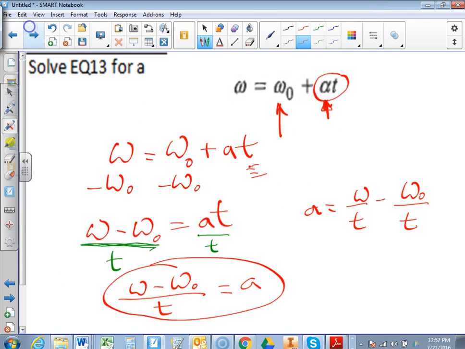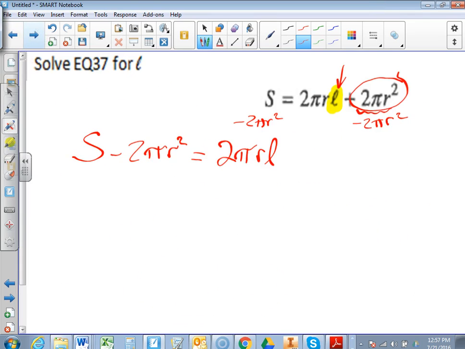Well, what do we have to divide by now? Anything and everything that is being multiplied times L. So all of that, 2 pi and r, are all being multiplied times L. So all at once, we are going to divide both sides. Remember what it means to divide both sides. So we're going to divide by 2 pi r.